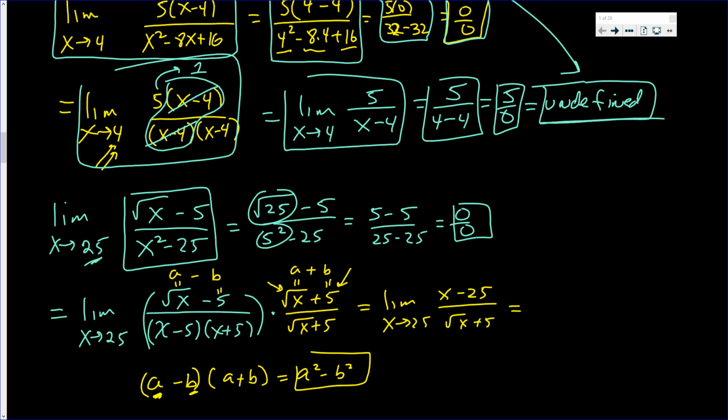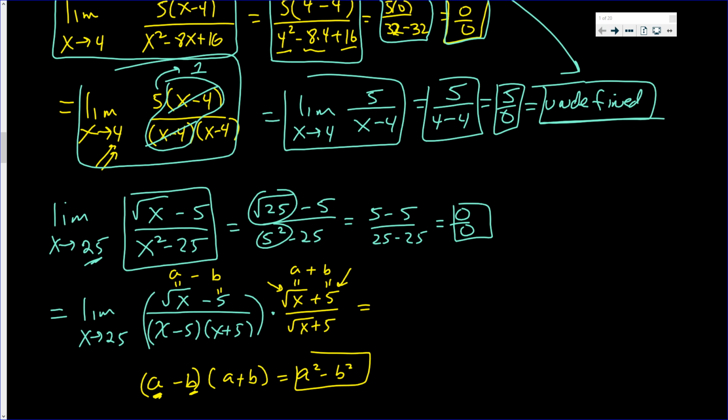Now, if I plug in 25 for x in here, I get x minus 25 divided by, something's bothering me, excuse me. We didn't write down the whole denominator. Very sloppy.